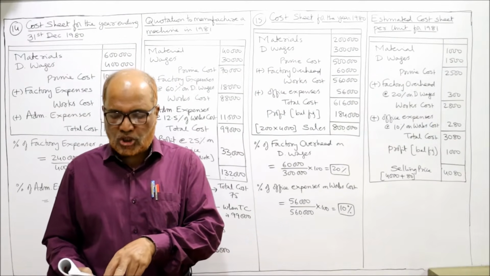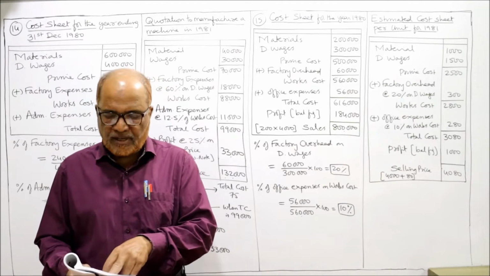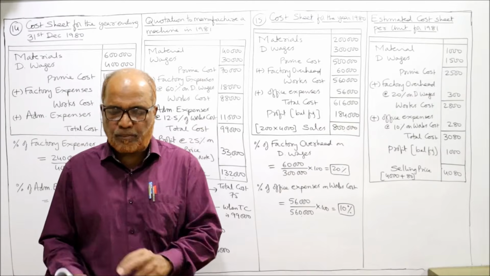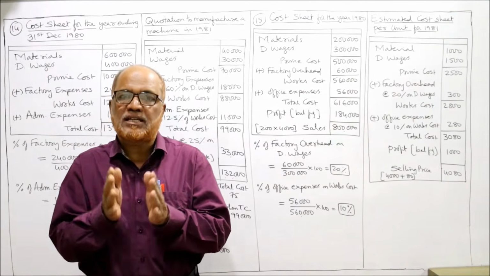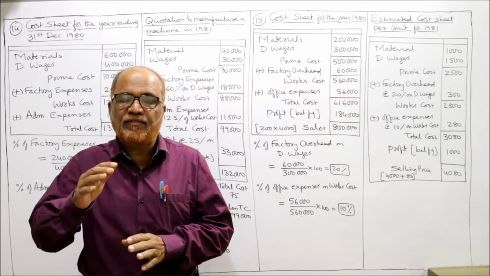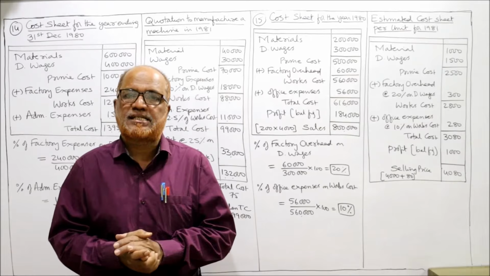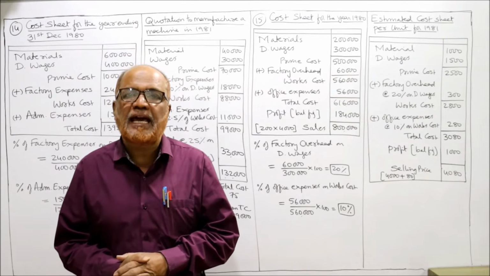Prepare a statement showing the profit it should make per unit if it enhances the price of television by 80 rupees. We have to find out what is the profit per television set in the current year 1981 if the company wants to increase the selling price of the television set by rupees 80.